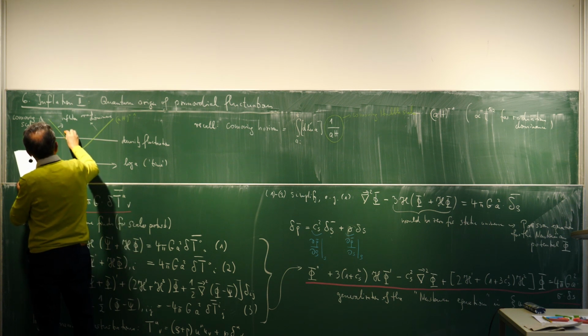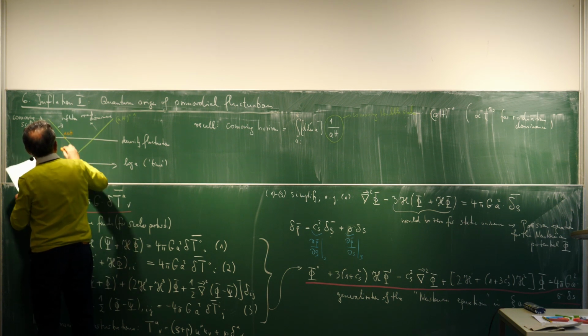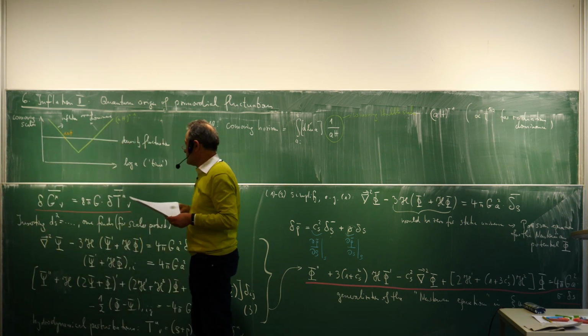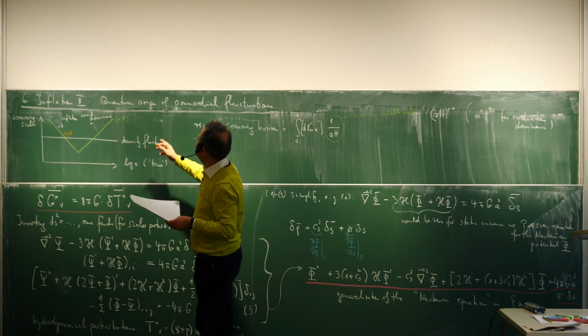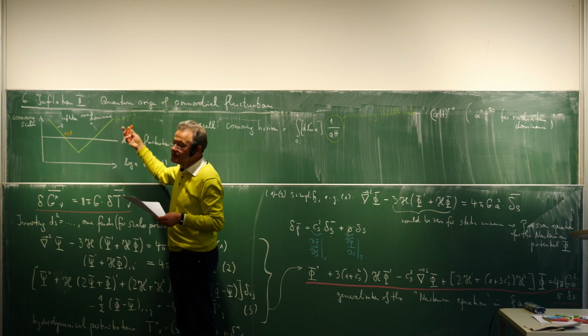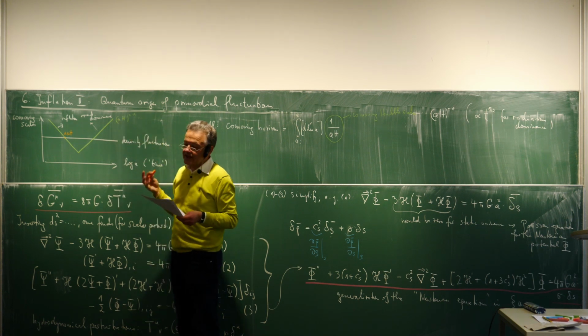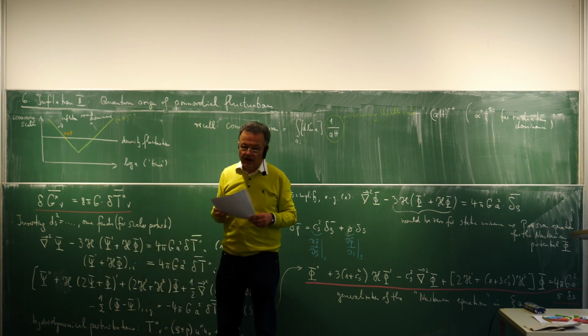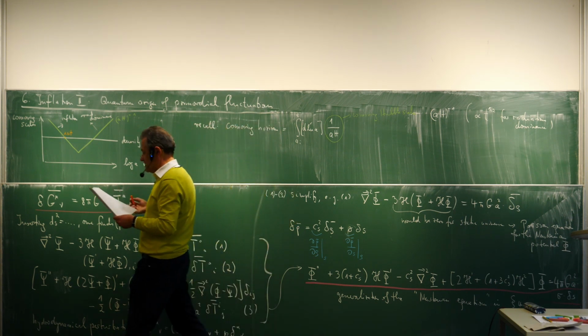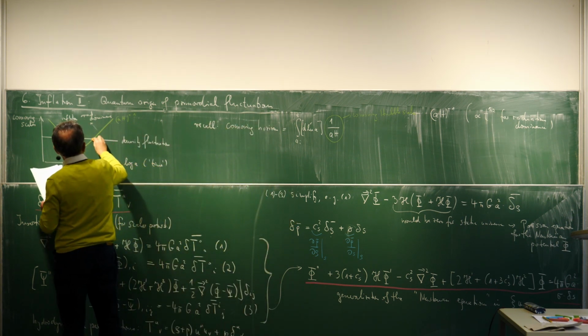Loosely, people sometimes talk about horizon exit. In fact it's the Hubble scale exit, and this is the combination that is actually relevant for discussing inflation. And here we have this re-entry.